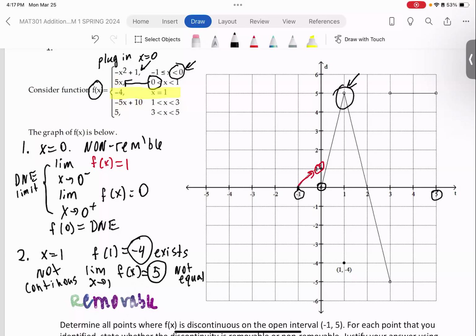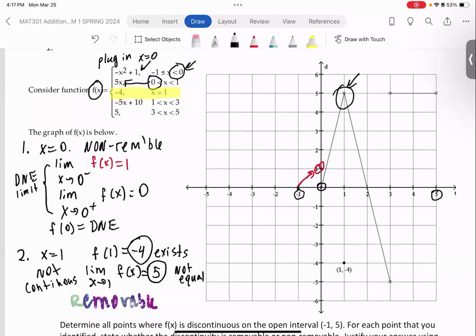The author of the question wanted to show you an example where both branches meet at 5, not like the other one, where on one side it was 0 and on the other side it was 1. Here on both sides it's 5. You see visually that it's 5, but the point is displaced somewhere else. But the limit exists. Therefore, that one point can simply be redefined, and if you move that point and put it inside here, that's when it becomes removable.